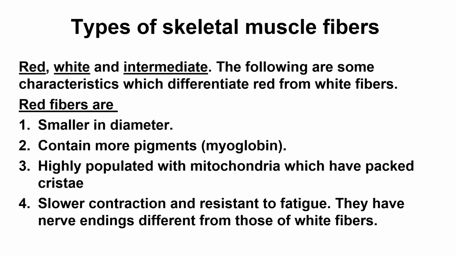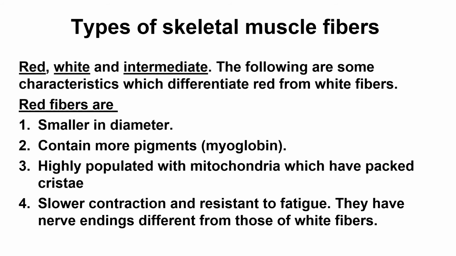Oxygen is supplied by the extensive capillary networks these muscles have. Oxygen is stored in myoglobin, which contributes to the bright red coloration of these muscles. They are highly populated with mitochondria for a high rate of oxidative phosphorylation. They are slowly contracting and resist fatigue.